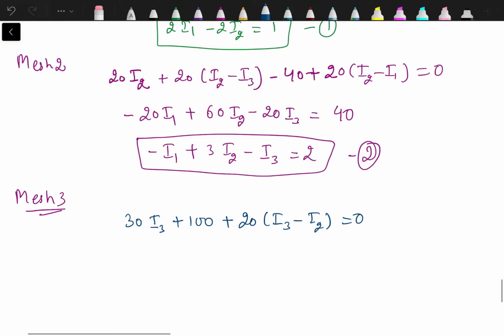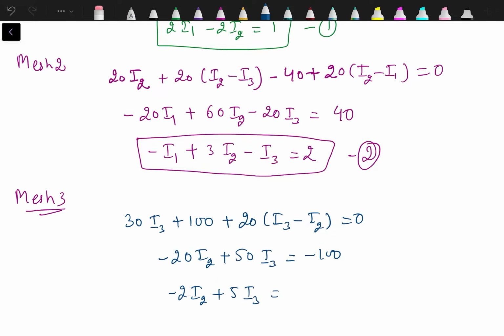This is the third equation. So this equation will give us minus 20I2 plus 50I3 equal to minus 100, or minus 2I2 plus 5I3 equal to minus 10. So that is the third equation.